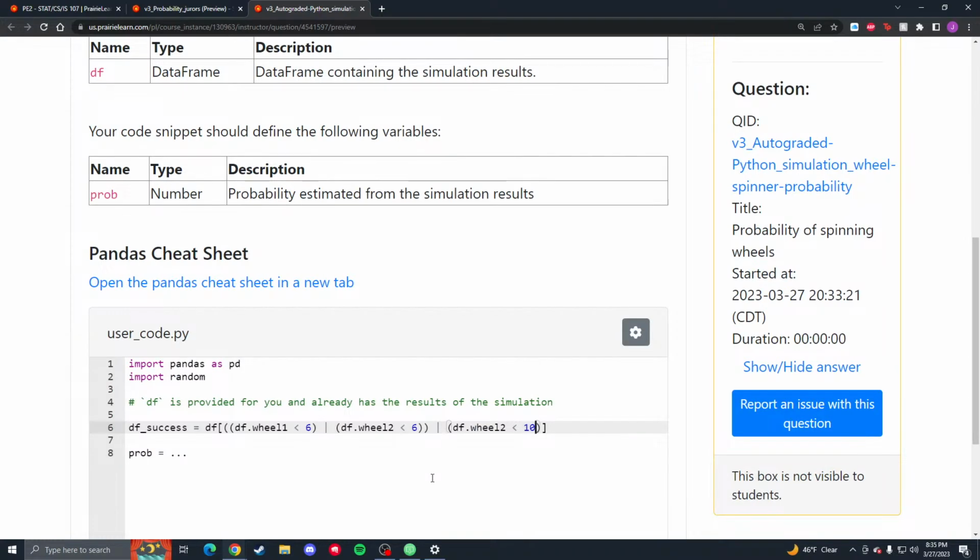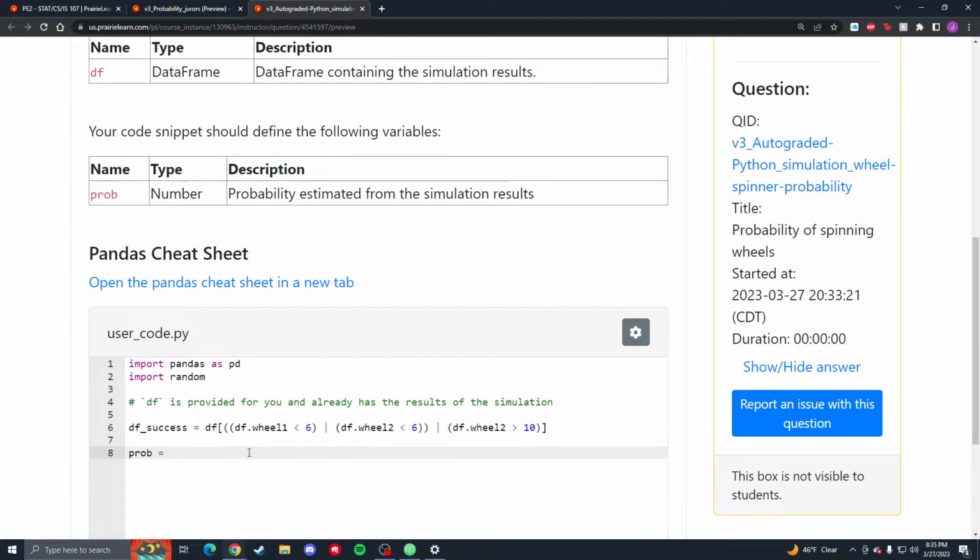So that'll give us this condition. So it'll be either wheel 1 or wheel 2 is less than 6, or wheel 2 is greater than 10. I had the arrow the wrong way. Or wheel 2 is greater than 10.